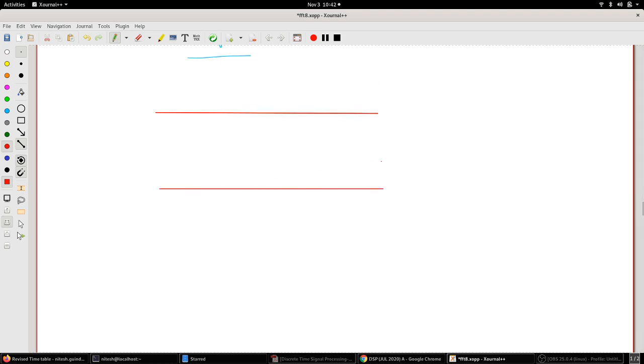This is your 2-point structure. Let me draw it properly again. So this is your x of 0, this is your x of 1. Okay, so the 2-point structure here was initially given as something like this, right?